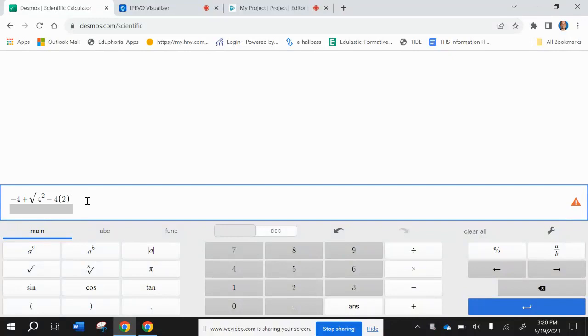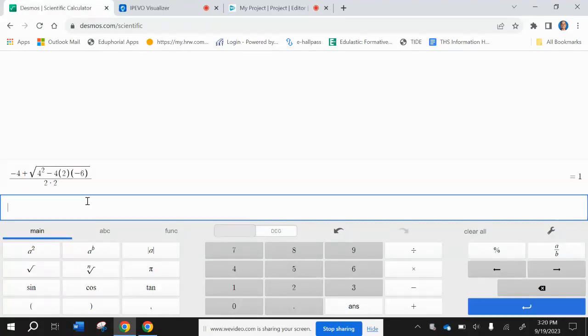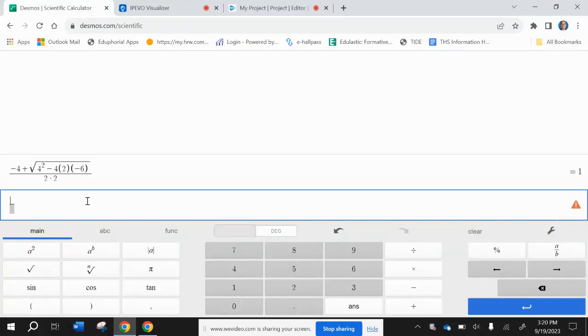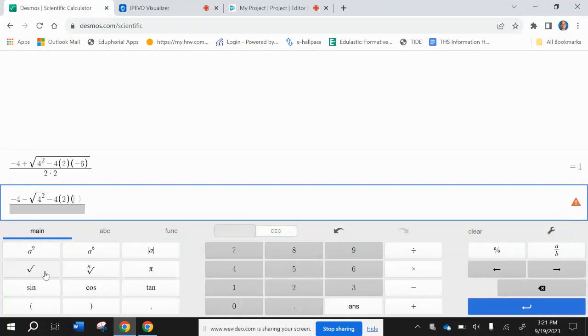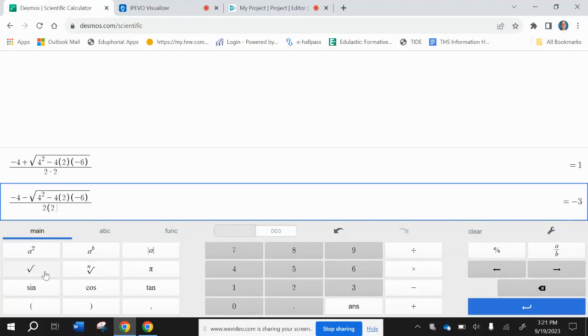So 4 times 2 times negative 6, divided by 2 times 2. Press enter. Then we do the same with minus: negative 4 minus square root of 4 squared minus 4 times 2 times negative 6, divided by 2 times 2. And so x equals 1, and x equals negative 3.